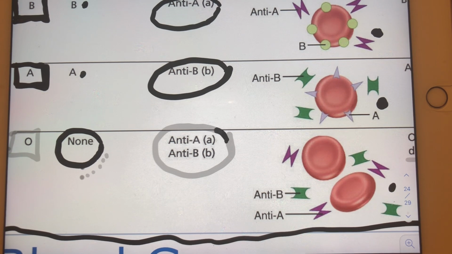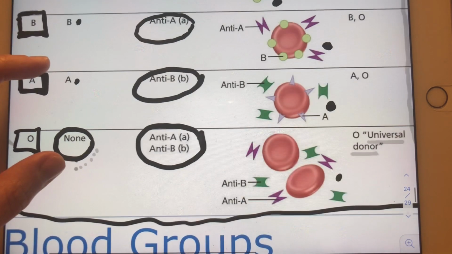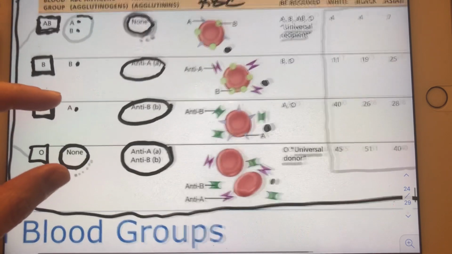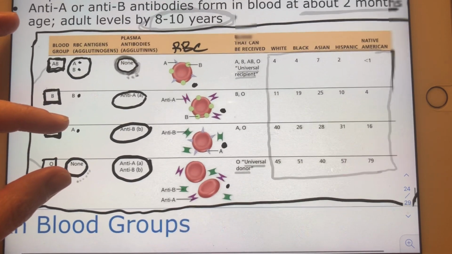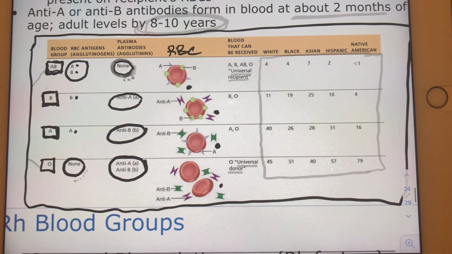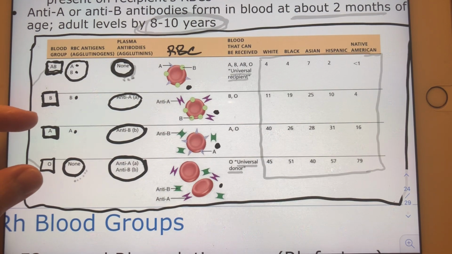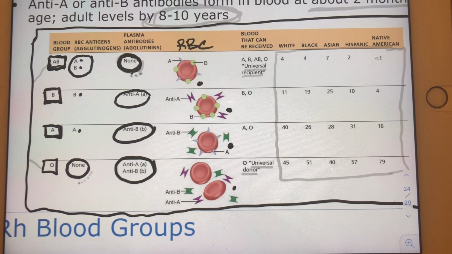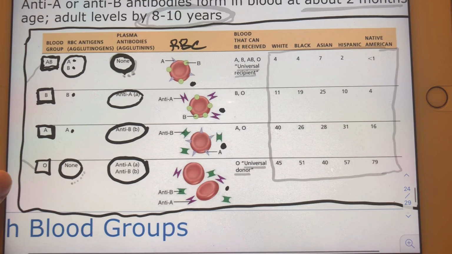So sure enough, someone with type O blood will generate both anti-A and anti-B antibodies, okay? Whereas someone with both A and B agglutinogens on their red blood cells will not generate any of the anti-A or anti-B antibodies.